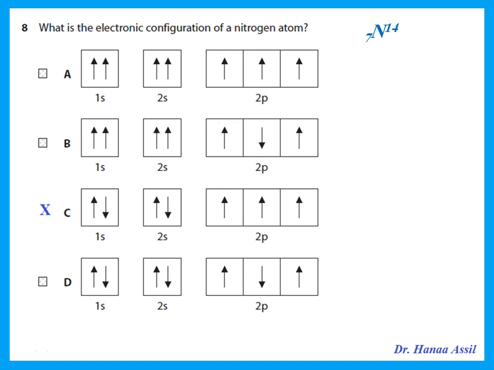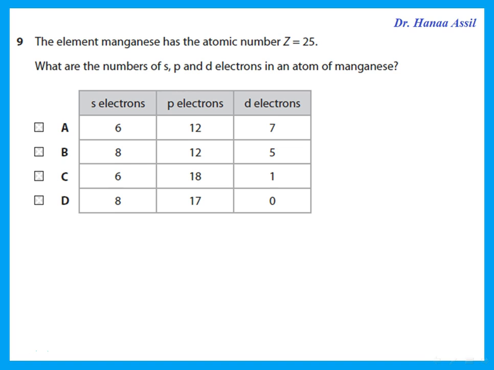It cannot be the same spin, so it has to be opposite spin in the 1s, opposite spin in the 2s. And then we have 3 electrons left, and that goes into one of each of the 2 p's, and all of them would have the same spin because they are in different orbitals.